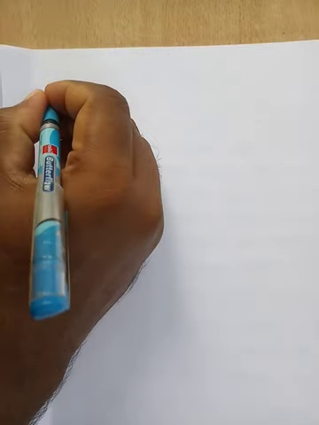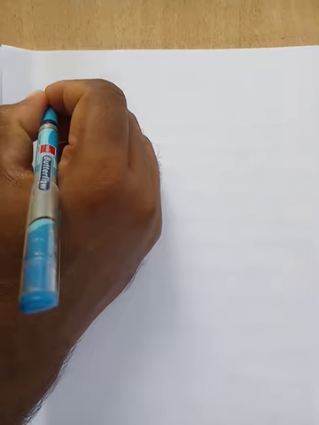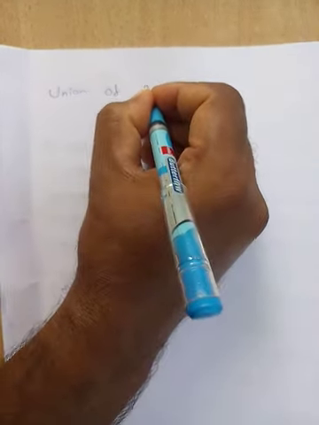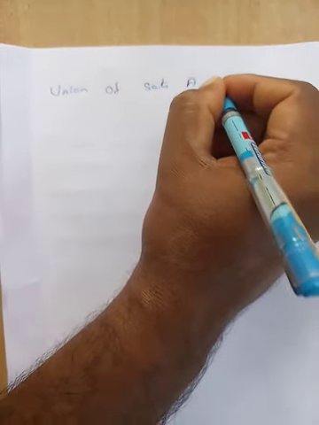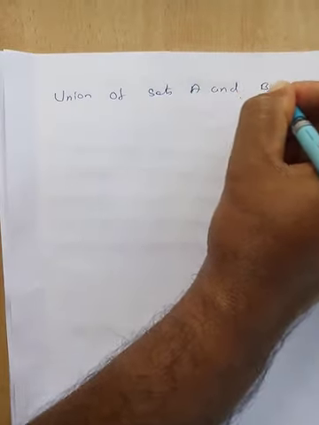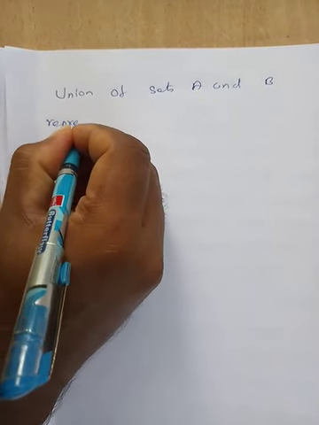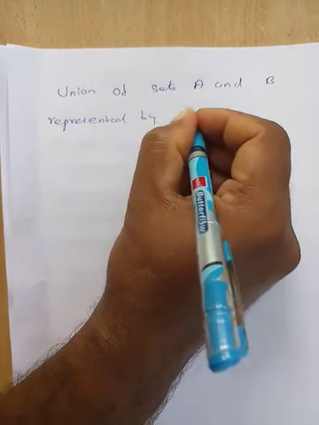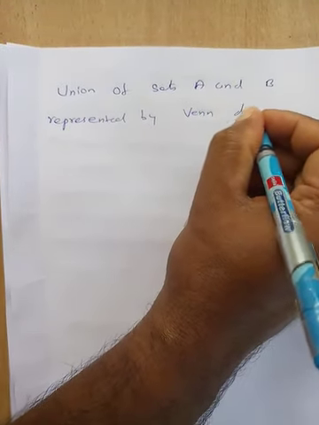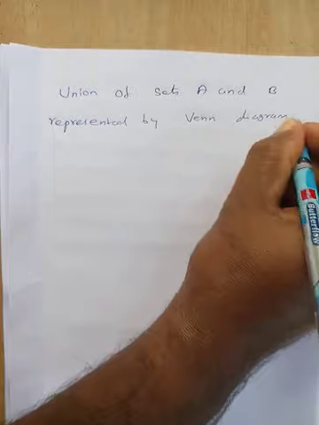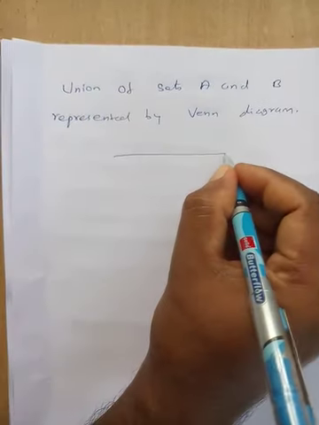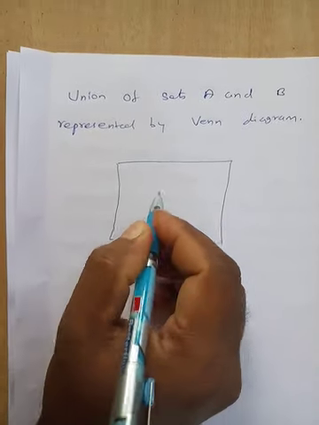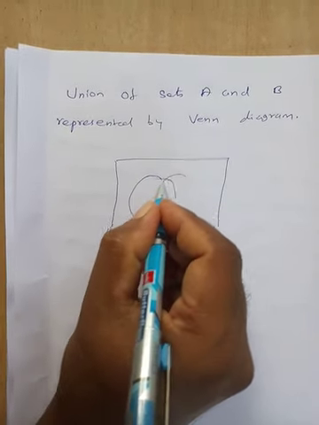Union of sets represented by Venn diagram. Draw a rectangle for the universal set and two overlapping sets.